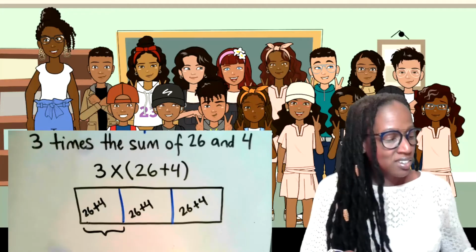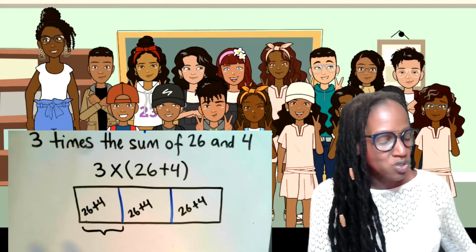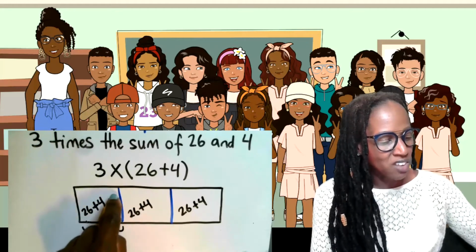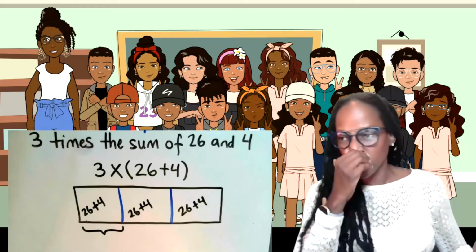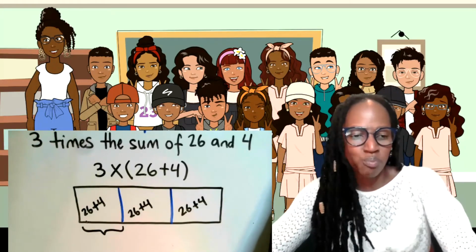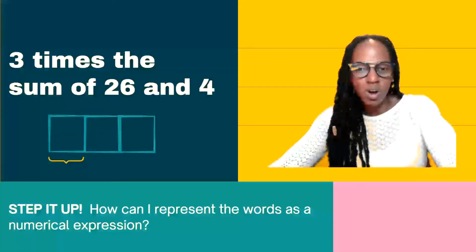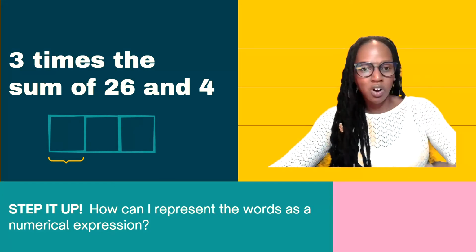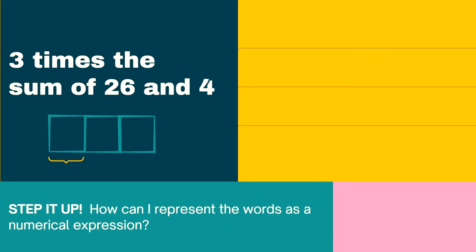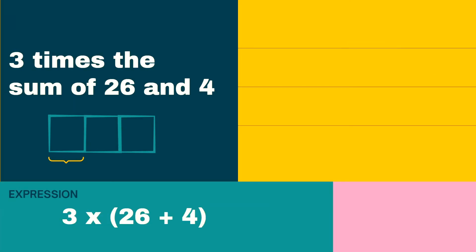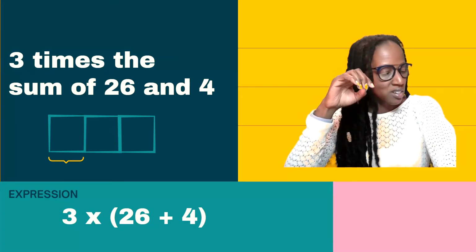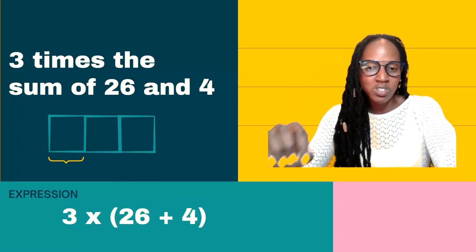And again, this is no different than if my unit was a 5 or if it was a letter A. I can see I have 1, 2, 3 units with that in it. So let's go ahead and go back and take a look at what that might look like if I'm writing it all out. So I can see that expression would be 3 times the sum of 26 and 4.